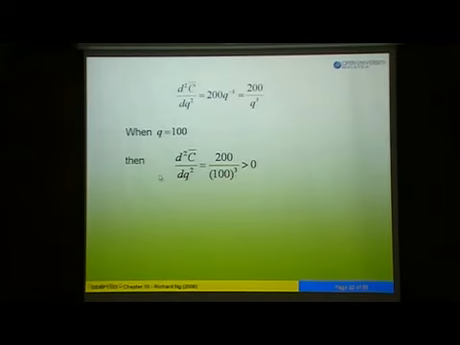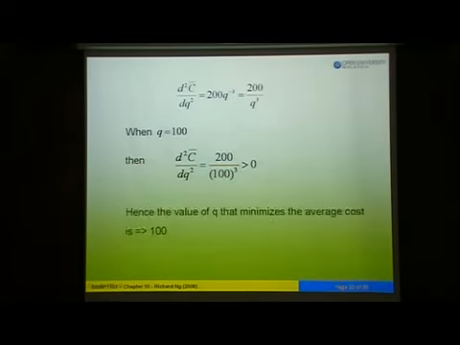So we will get d2C bar over dq squared equals 200 over 100 to the power 3. So since this is positive and the denominator is positive, positive divided by positive, the answer is positive, or greater than 0. So since we have obtained a positive value, therefore we say that this q equals 100 minimizes the cost.